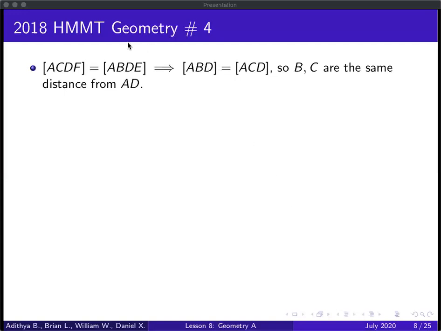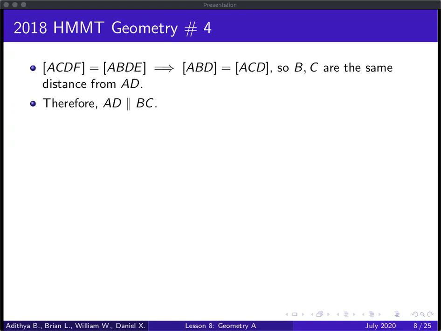But now we want to actually start calculating some things. We want to use this other condition that AGB has an area 10 greater than CGB. So how would we try to use this?